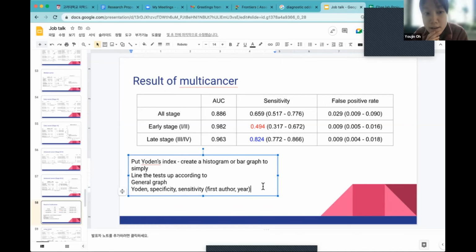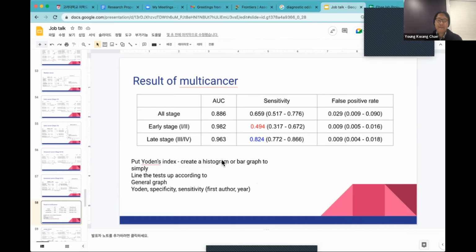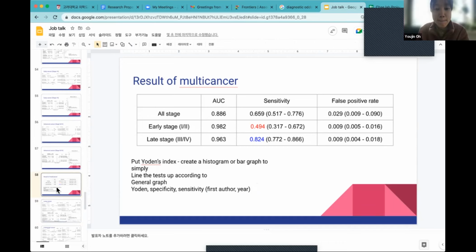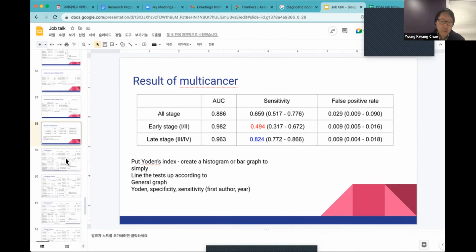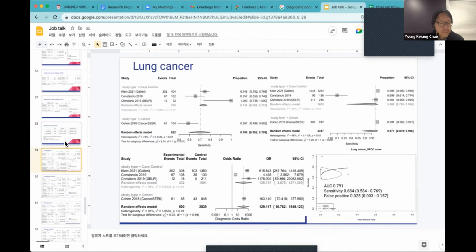Okay, you mean the studies that are included in the meta-analysis, right? Okay. Yeah. So until now I presented the results for multi-cancer. I only classified them into stage early and late, advanced. Yeah, I think that's fine. Okay.